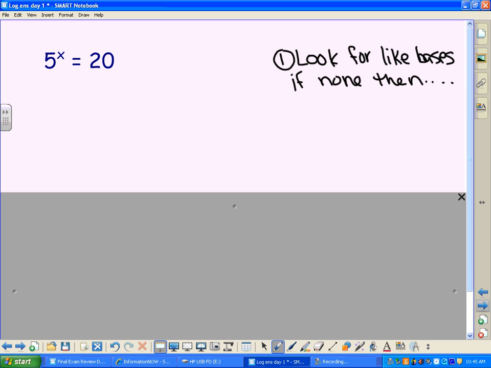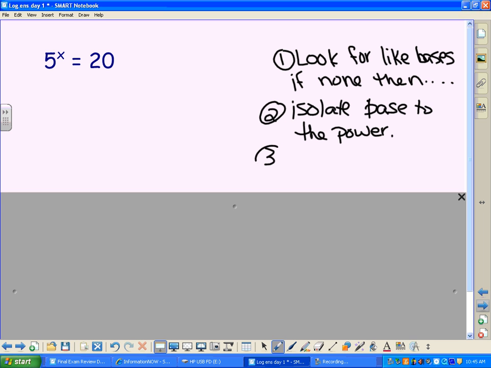So, if you don't have like bases, then what you're going to do is isolate the base to the power, and then take the log of both sides. Let me show you what I mean by that.